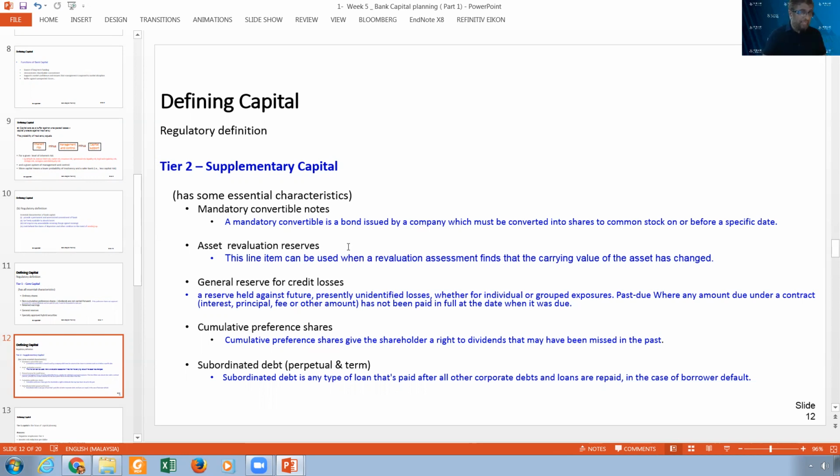If I come and revalue that land or that building, which I acquired in 1965, I will have 290 million. For example, if I could sell it for 300 million, and I didn't sell it, I just revalued it, the difference, because it was in my books for 1 million, that 299 million is a reserve, a revaluation reserve.